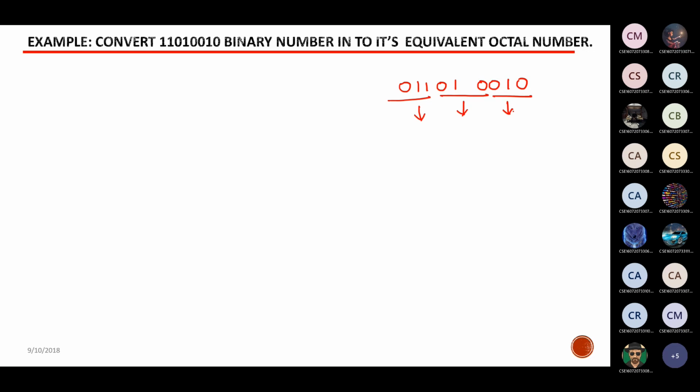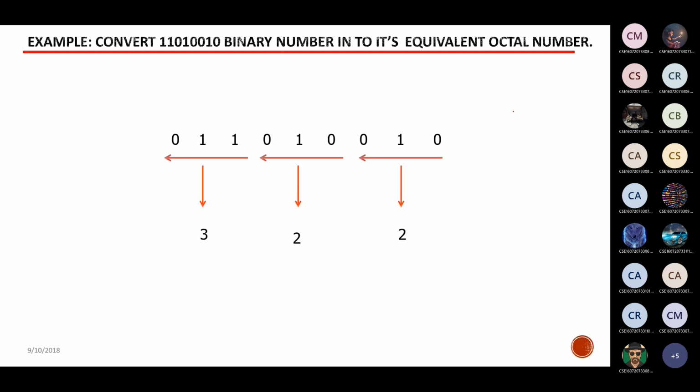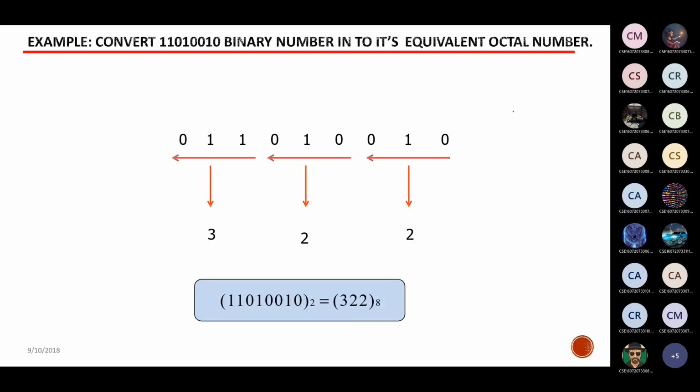Yes. Are you all familiar with the 322, sir. So 322, correct. Answer is 322. So simply we need to group 3 bits from least significant bit towards most significant bit.